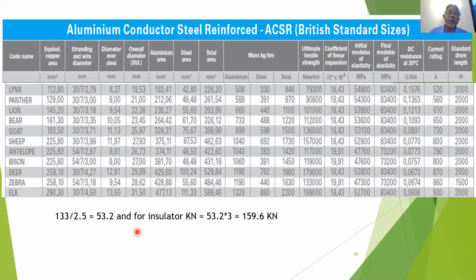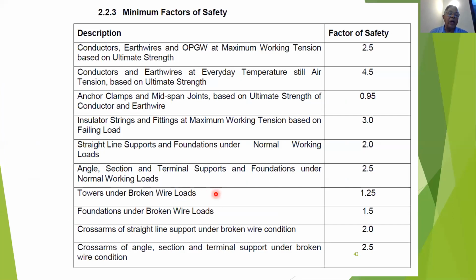So like that, next ones are okay, supports and foundations and whatnot. We are not talking about those things. Tower under broken wire loads and foundations under broken wire loads are important.